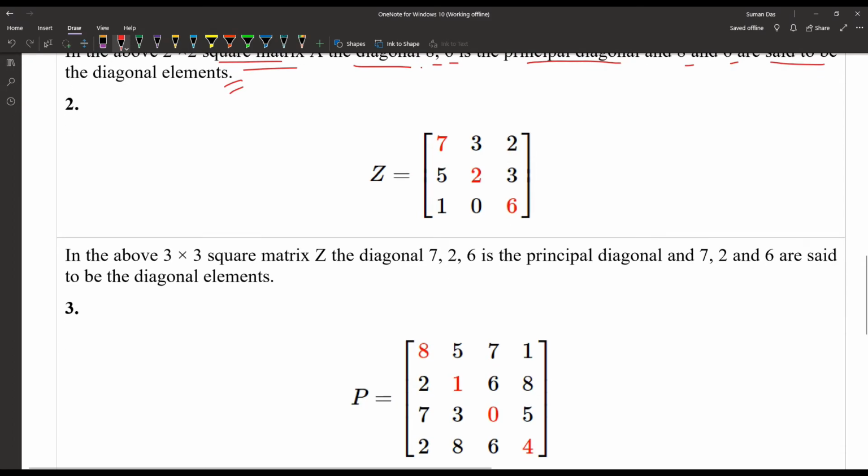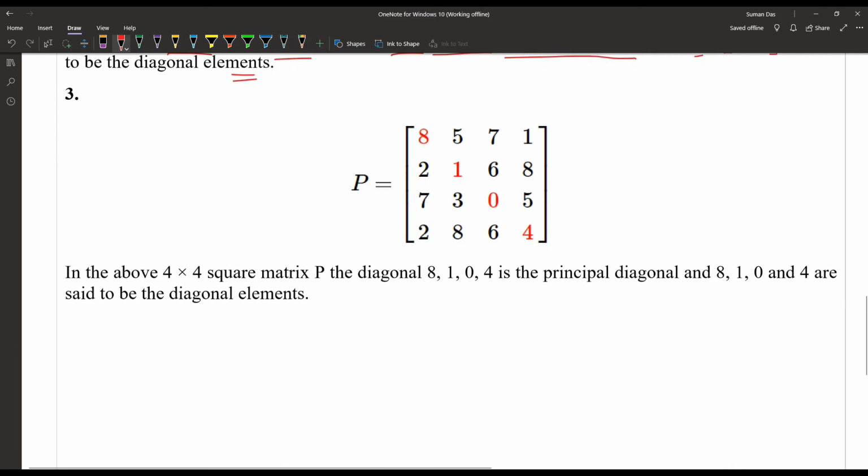Here is a square matrix of 3 cross 3, because the number of rows is 3 and the number of columns is 3, and the red colored elements are the principal or diagonal elements 7, 2 and 6. In the above 3 cross 3 square matrix Z, the diagonal 7 to 6 is the principal diagonal, and 7, 2 and 6 are said to be the diagonal elements.